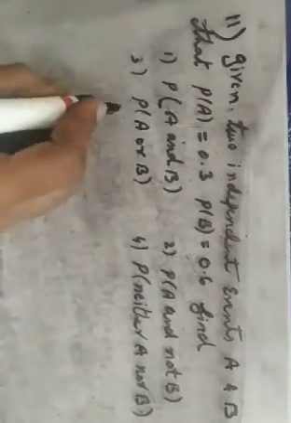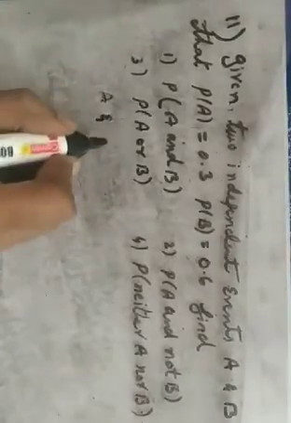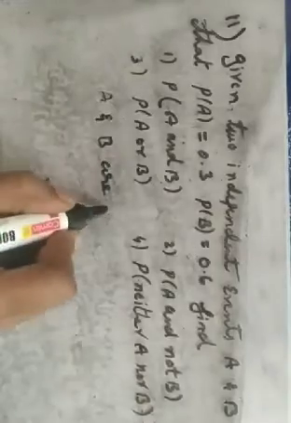So A and B are two independent events. They are telling that A and B are independent.